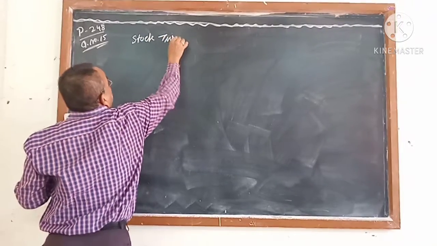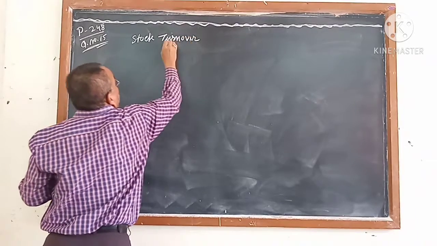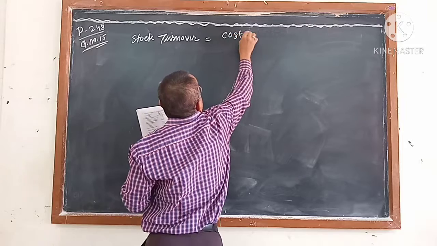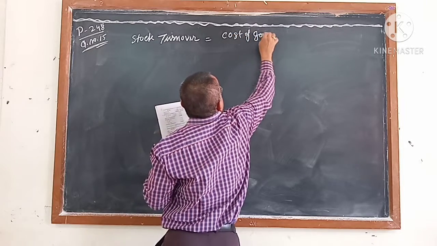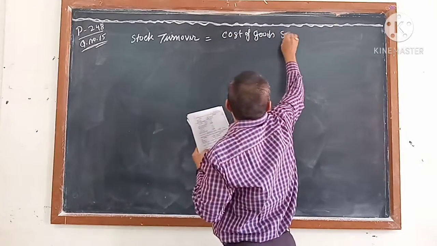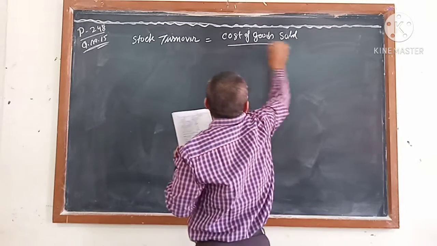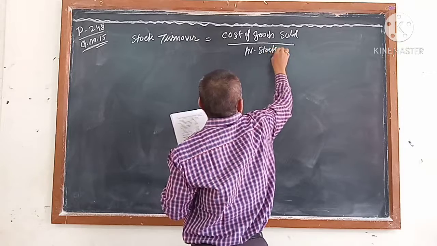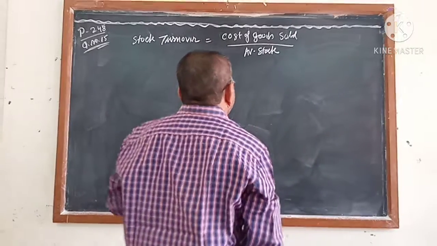Stock turnover is equal to cost of goods sold by average stock.